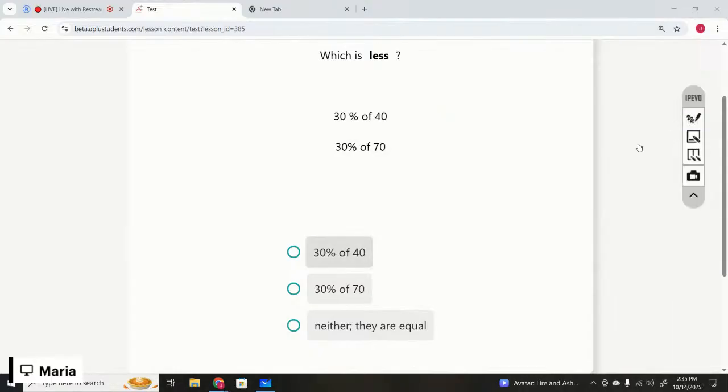So 30% of 40 is less. Option number 1 is the correct option.